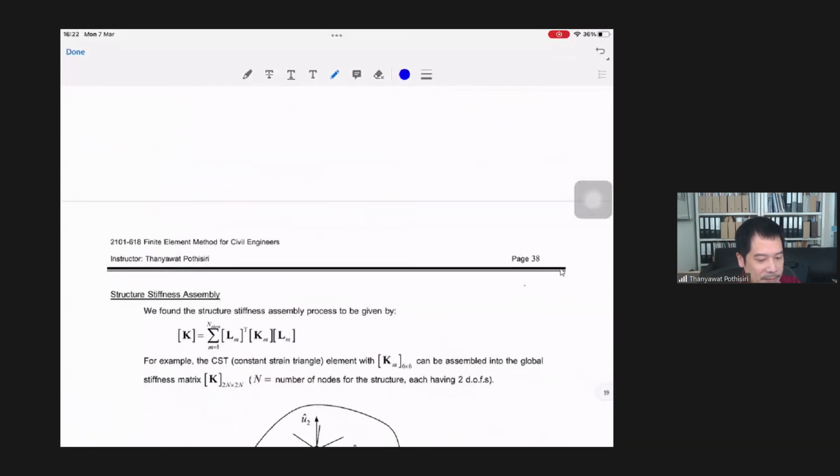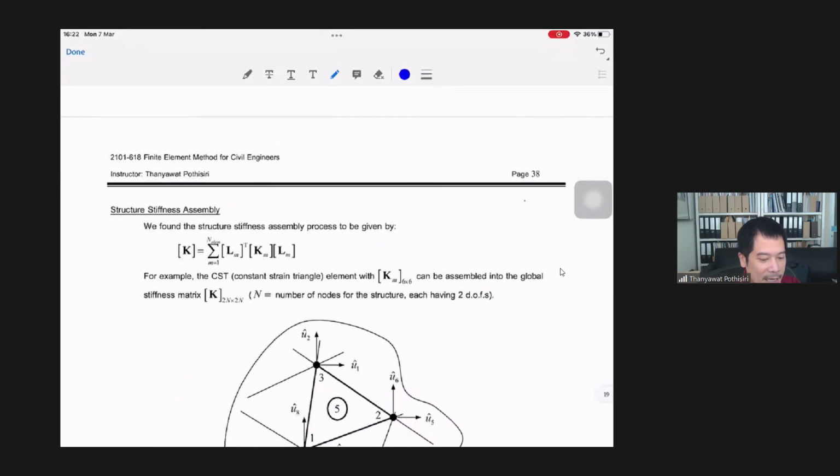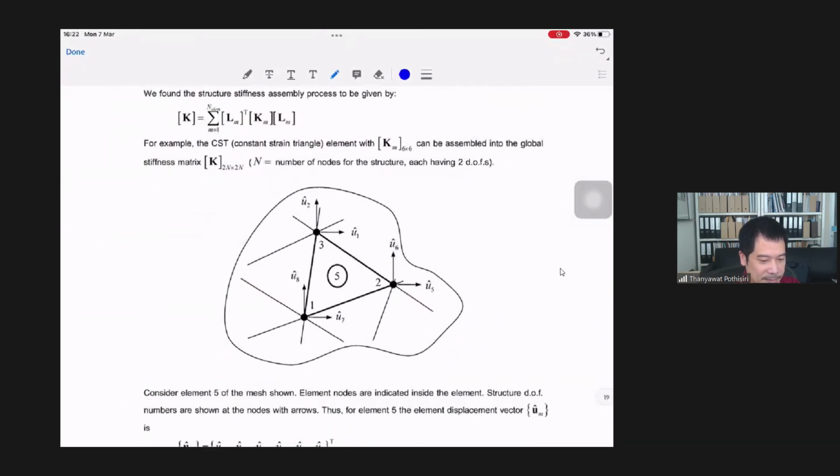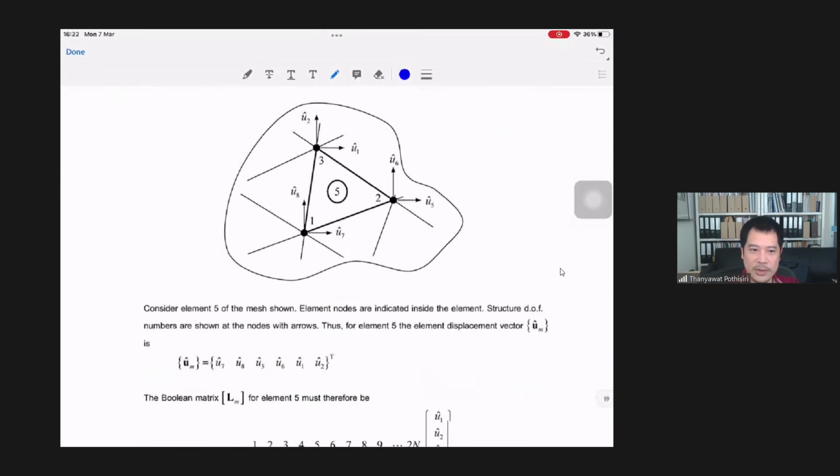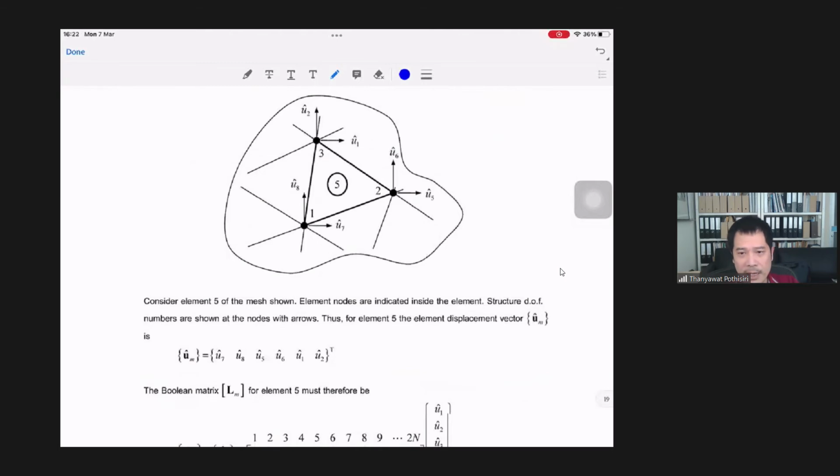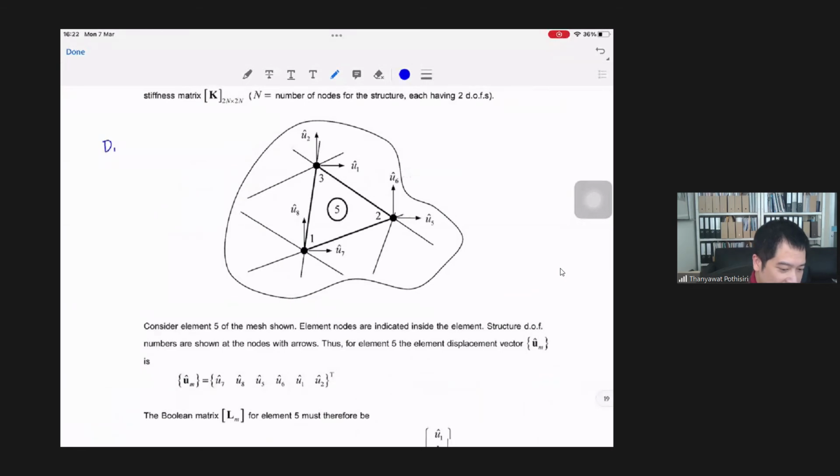We're going to use this concept, which is similar to what you have done in structural analysis problems. In structural analysis problems, you have heard of something that we call direct stiffness assembly, right?